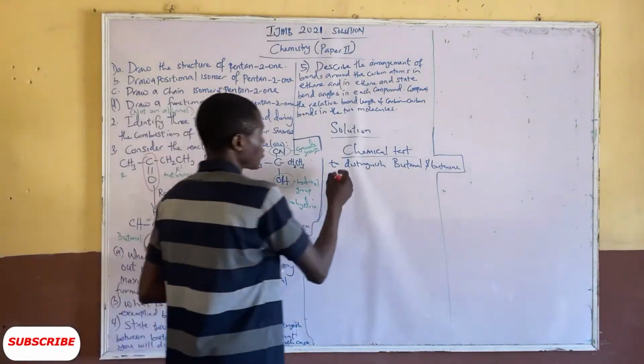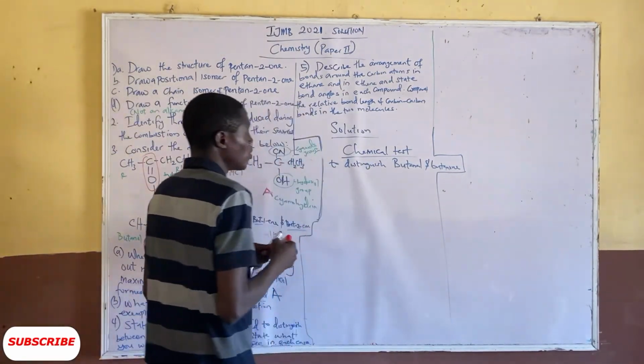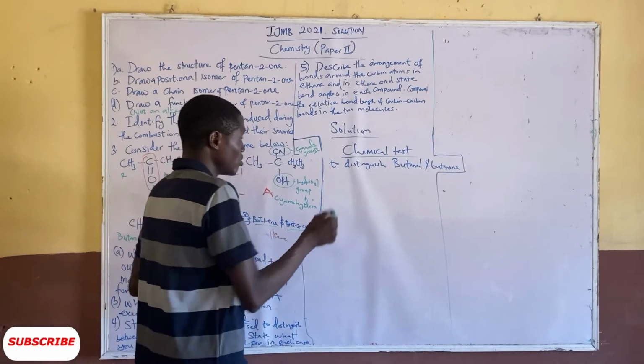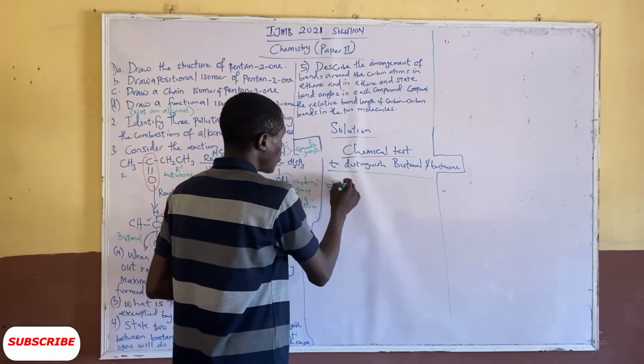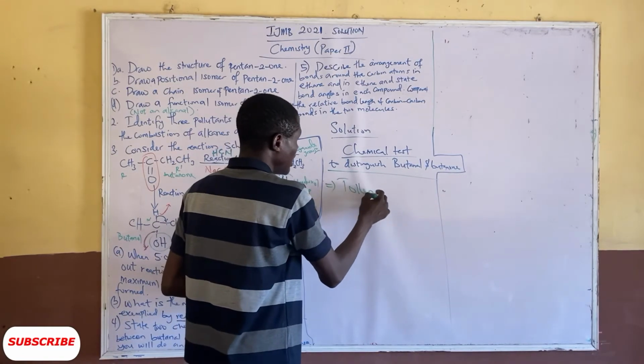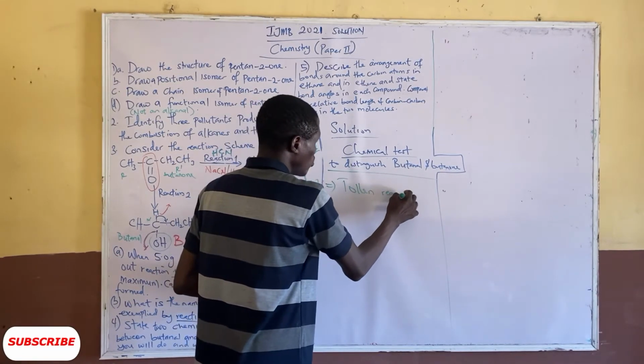So what are the tests that we can use to distinguish the 2? The first test is what we call the Tollens reagent.